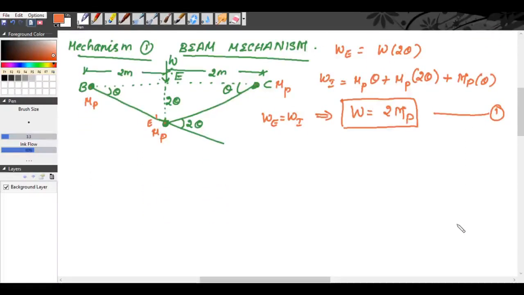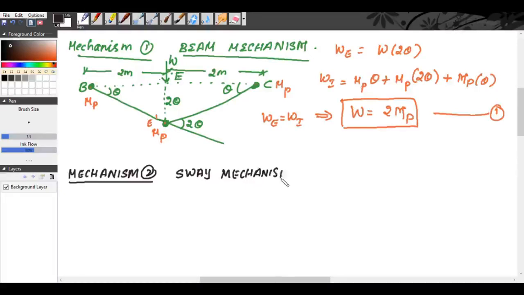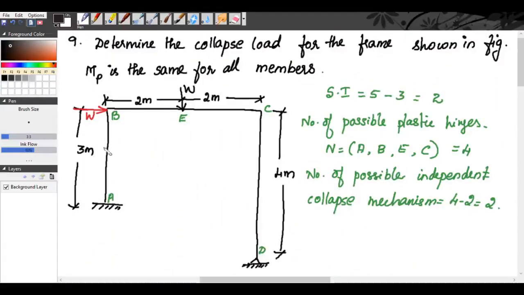Now, we will move on to mechanism 2. Mechanism 2 is the sway mechanism. Since our horizontal load is acting towards the right, this frame will sway towards the right. So this B gets shifted to B dash, C gets shifted to C dash, and this E gets shifted to E dash.